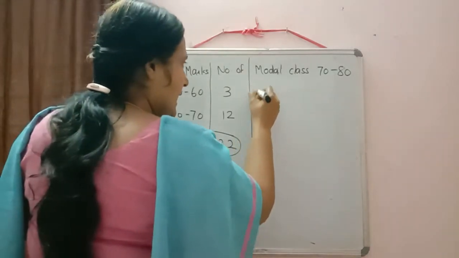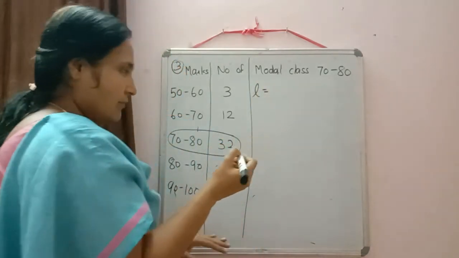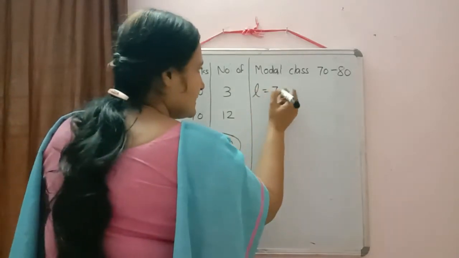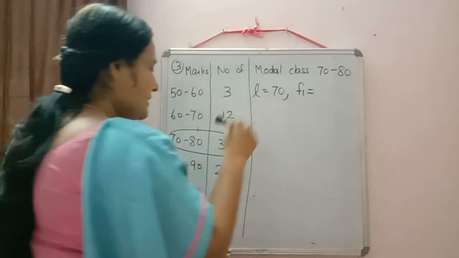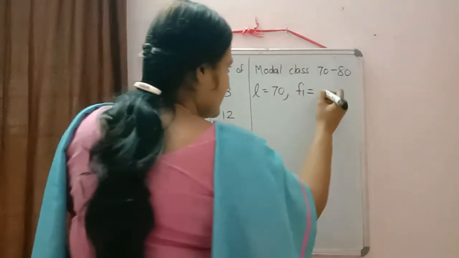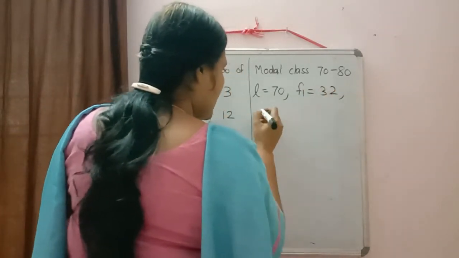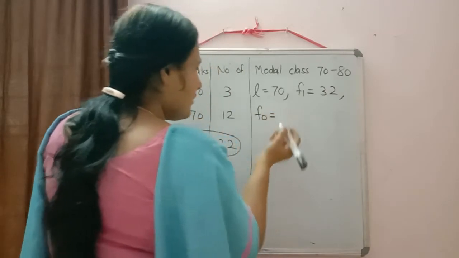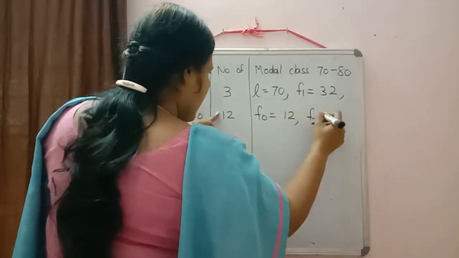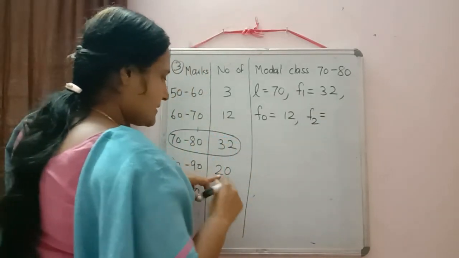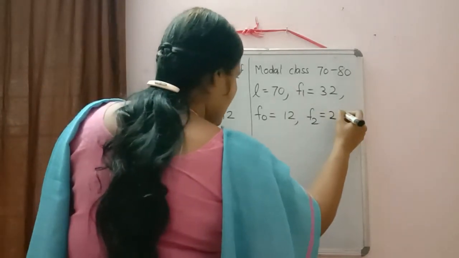We want L, the lower limit of the modal class, that is 70. Then F1, the frequency of the modal class, that is 32. Then F0, the frequency of the previous class, 12. F2, the frequency of the class succeeding the modal class, that is 20.